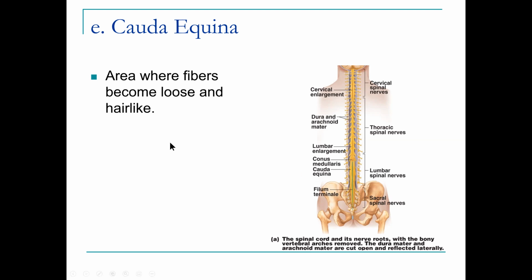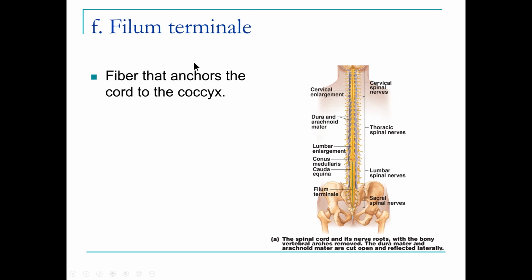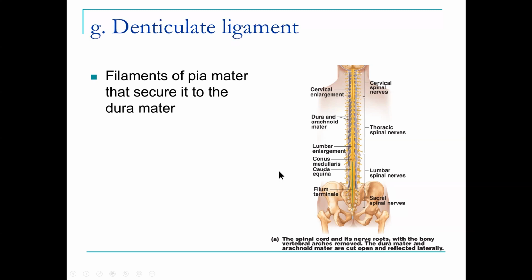In this caudal area, they would have been able to block the lower lumbar nerves, the sacral nerves, and the coccygeal nerve. There again, I'm not an OB/GYN doctor, but I do know that caudal blocks were available for a delivery procedure. And then this is a structure that anchors the cord to the coccyx.